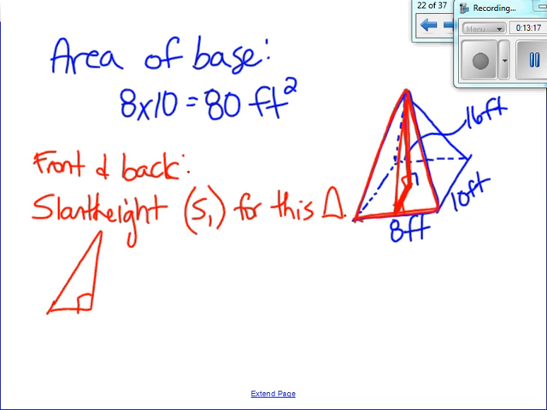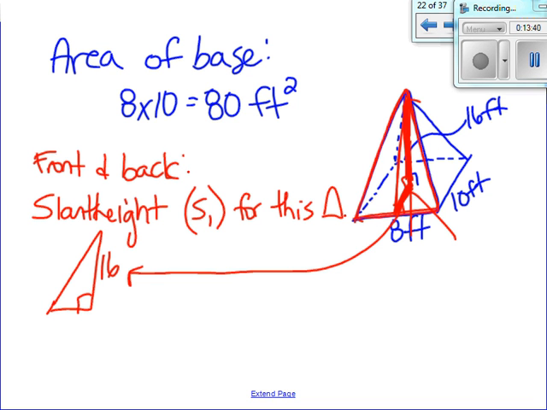So here's my right triangle. If I look at this, what is that? It's the height of the triangle, so it's 16. How long is it down here? Okay, it's 5. How did you get 5?